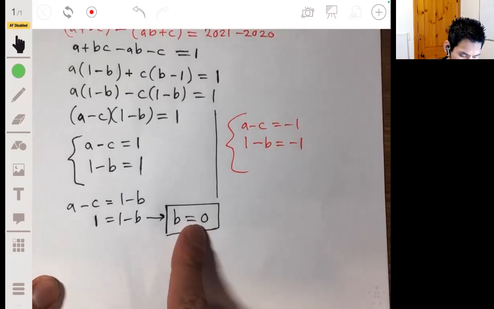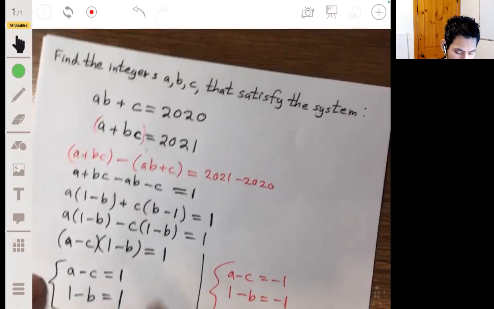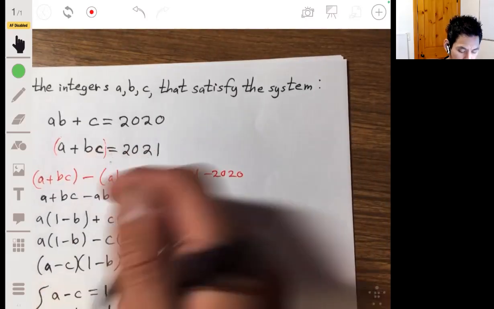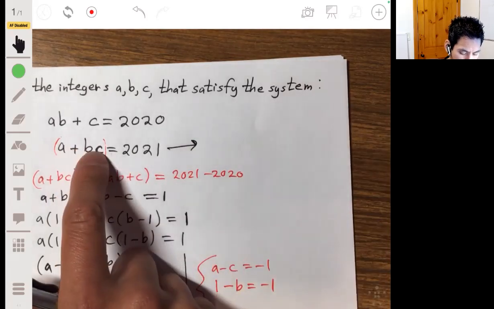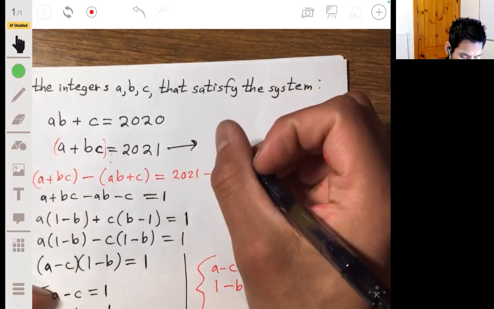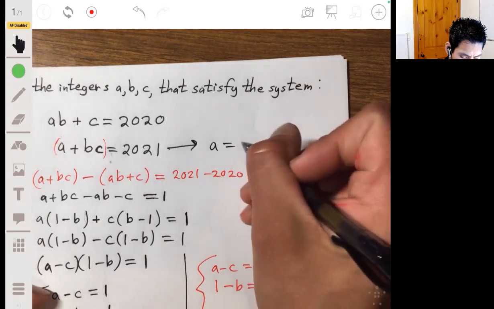And so since b is 0, going back to the equation up here, we can find that a plus 0 is equal to 2021. So it's just that a will then be 2021.